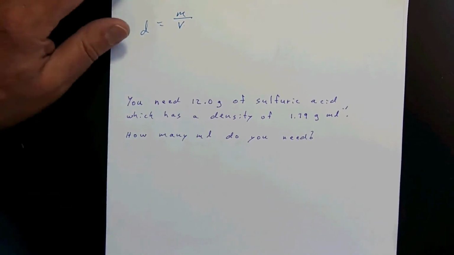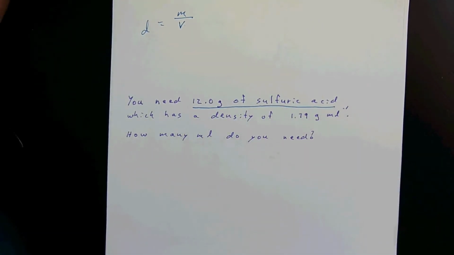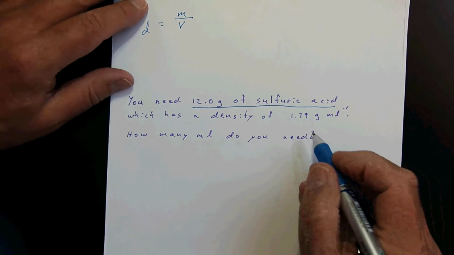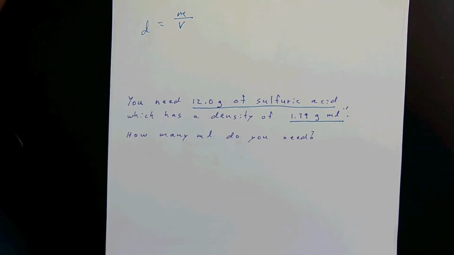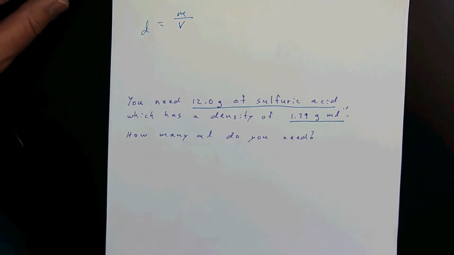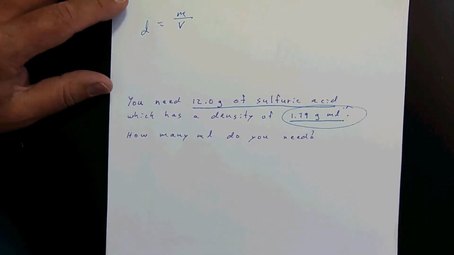Let's say you happen to need 12 grams of sulfuric acid. You need 12 grams of the stuff. You know that its density is 1.79 grams per milliliter. How many milliliters do you need?